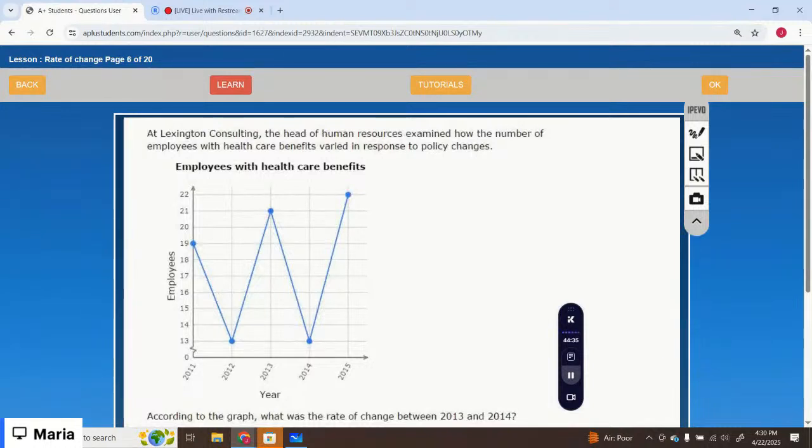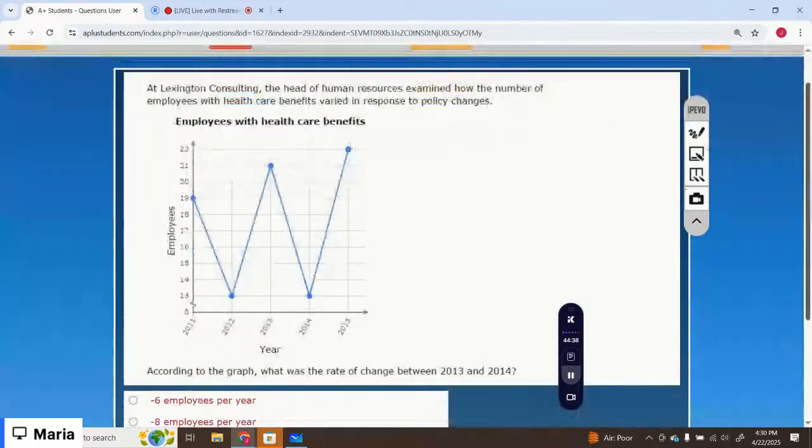At Lexington Consulting, the head of human resources explained how the number of employees with healthcare benefits varied in response to policy changes.